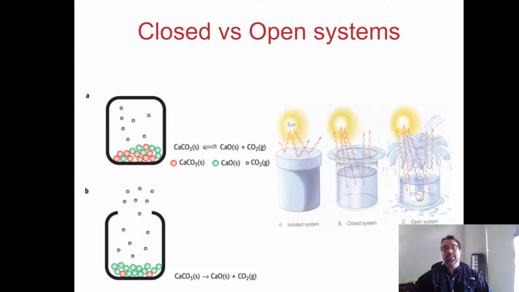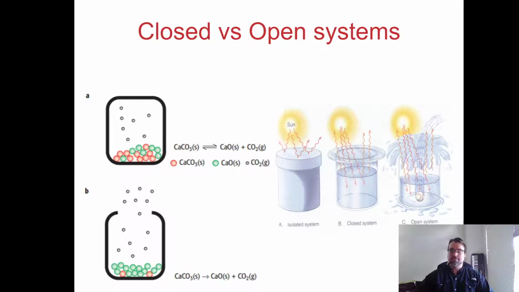Okay. And the following here is another example of the three types of systems. The first is an isolated system. This is something that's completely isolated from the outside. We don't have any heat or energy being transferred in. It's perfectly insulated, and matter can't get in, energy can't get in.